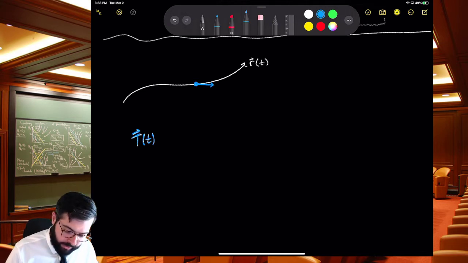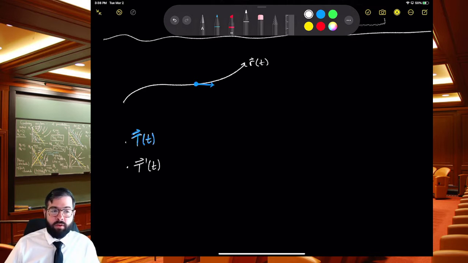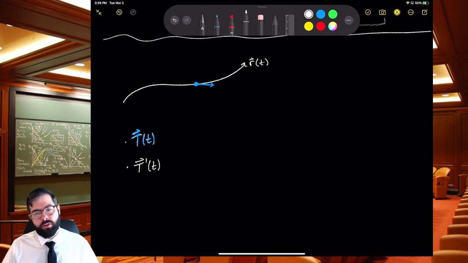So what you get as well is if you take a look at the rate of change of big T of t, what are you really talking about? You're talking about the rate at which the direction is changing, right? The rate at which the direction is changing.